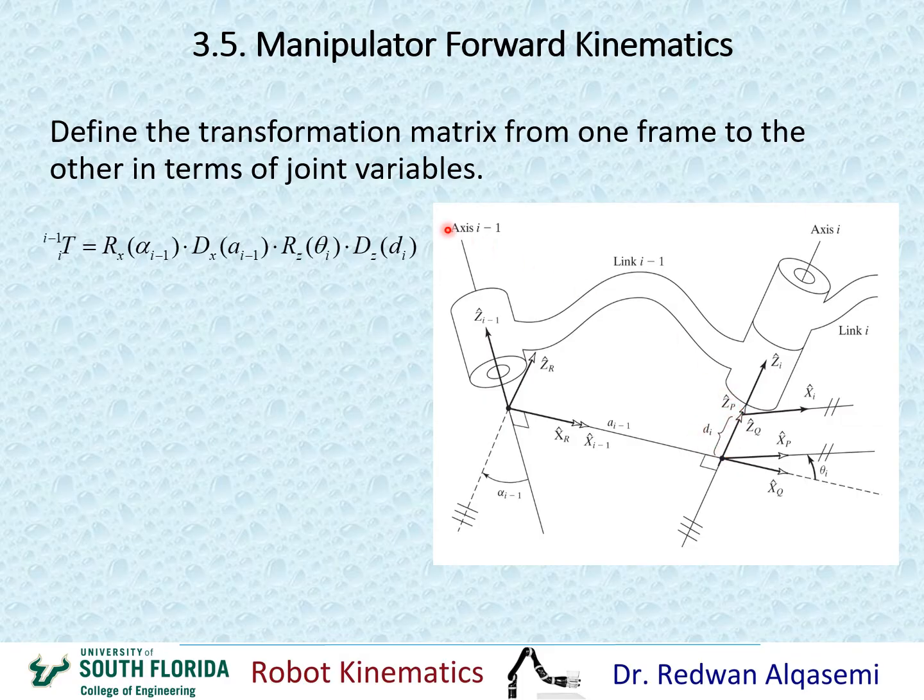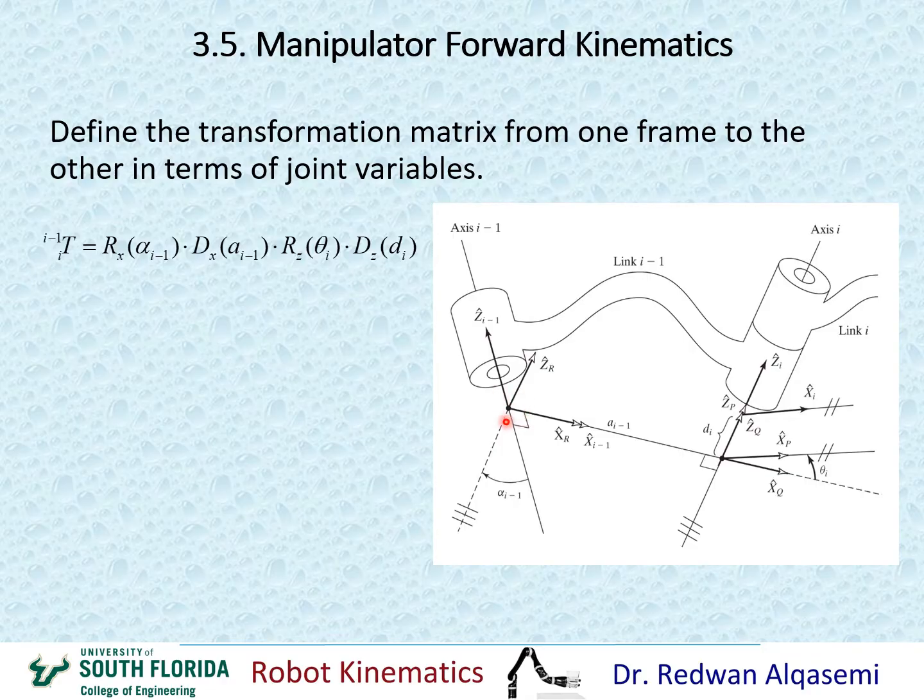So again, I multiply this by another transformation matrix that has identity rotation, and then the translation part has d i in the z direction. Okay, so if I multiply these four transformation matrices, then I'll be describing frame i relative to frame i-1. Or I can think about it in a different way.